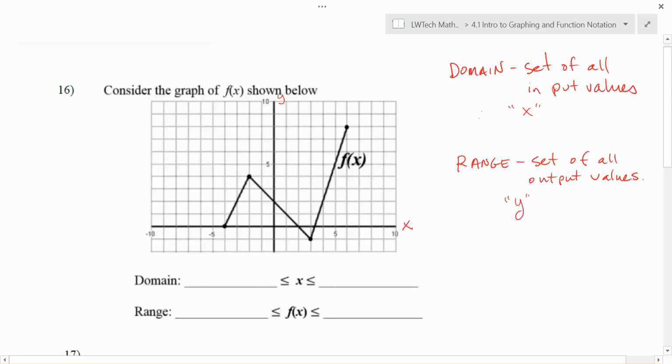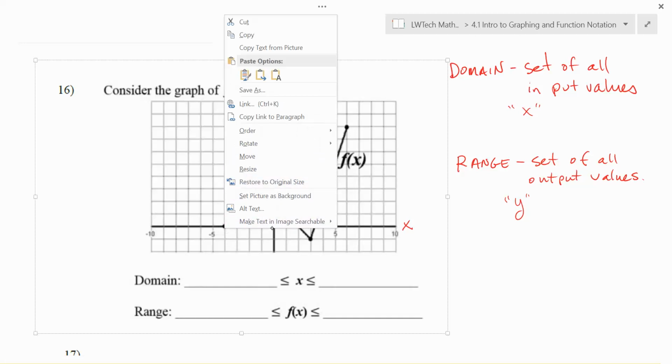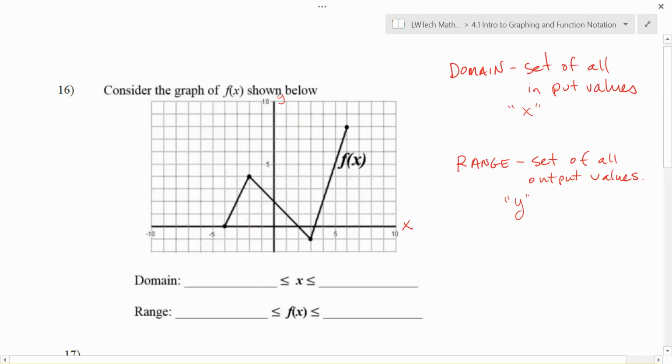When we talk about the domain as the set of all input values and the range as the set of all output values, keep in mind that when you have a graph, these represent millions and millions of points. We're not just talking about the point (-4, 0) here and the point (-2, 4) here.